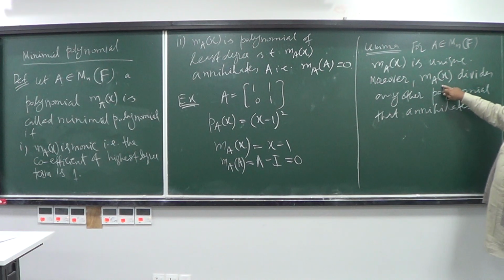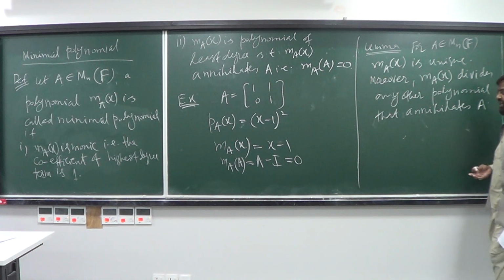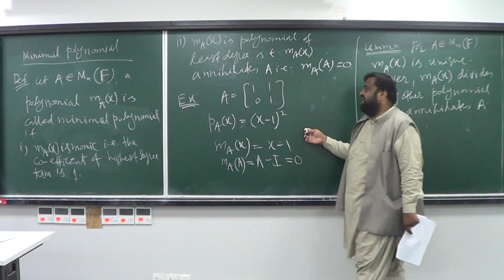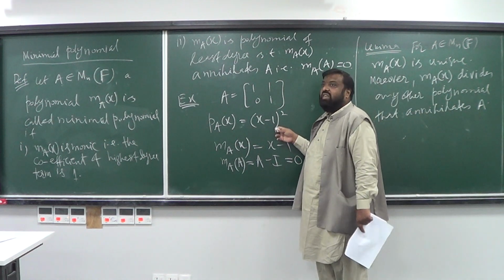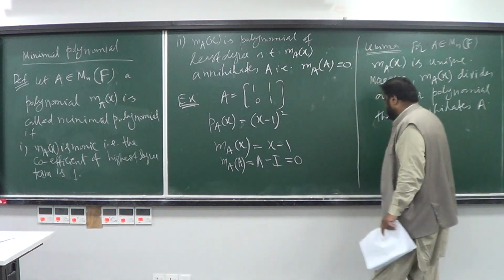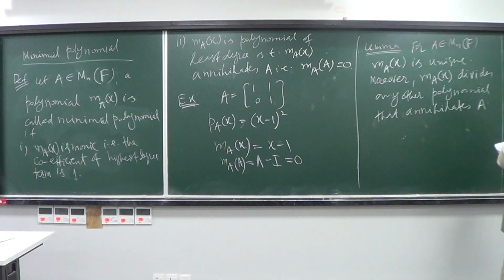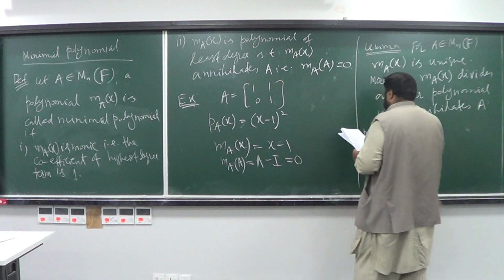So the minimal polynomial of the matrix A will always divide all other polynomials that annihilate the matrix A. In particular, it will divide the characteristic polynomial. So let's quickly do the proof of it. Here's a proof.